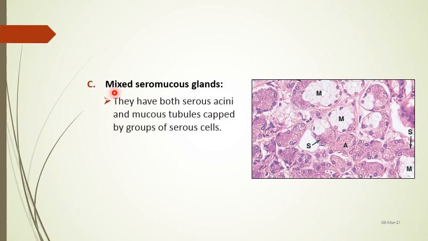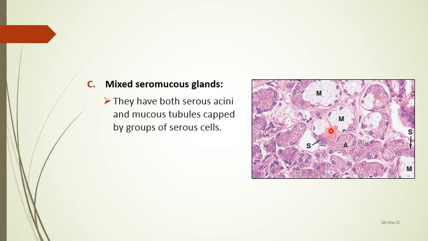The third type is mixed seromucous glands. They have both serous acini and mucous tubules capped by groups of serous cells. This image is an H&E stained example of a mixed seromucous gland. M stands for mucous cells, A for acinus, and S for serous cells.